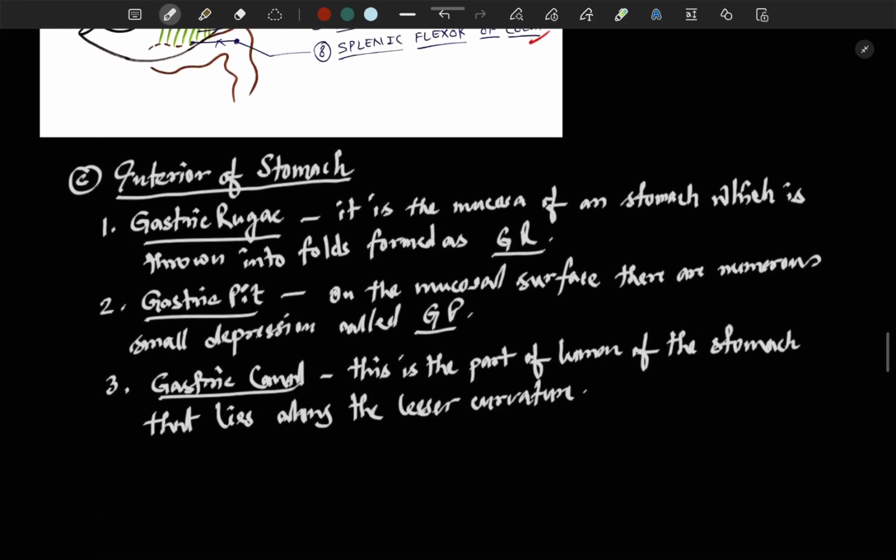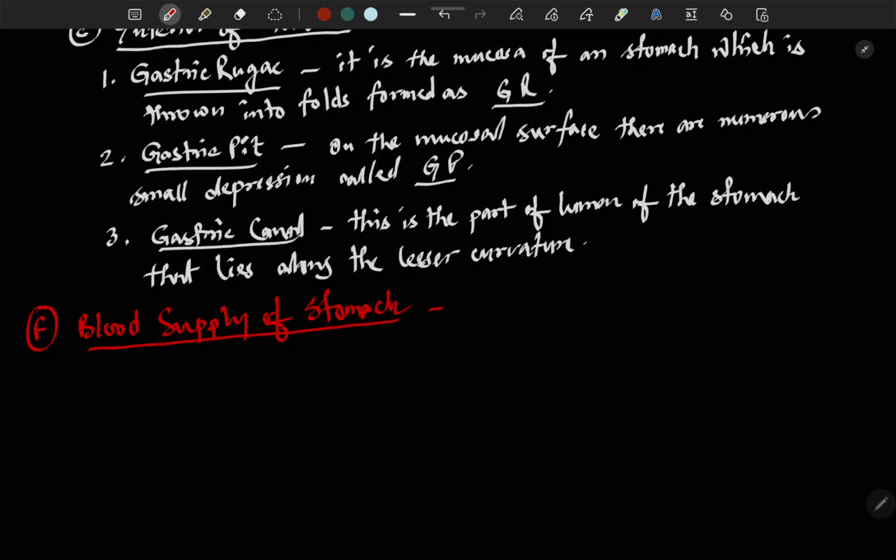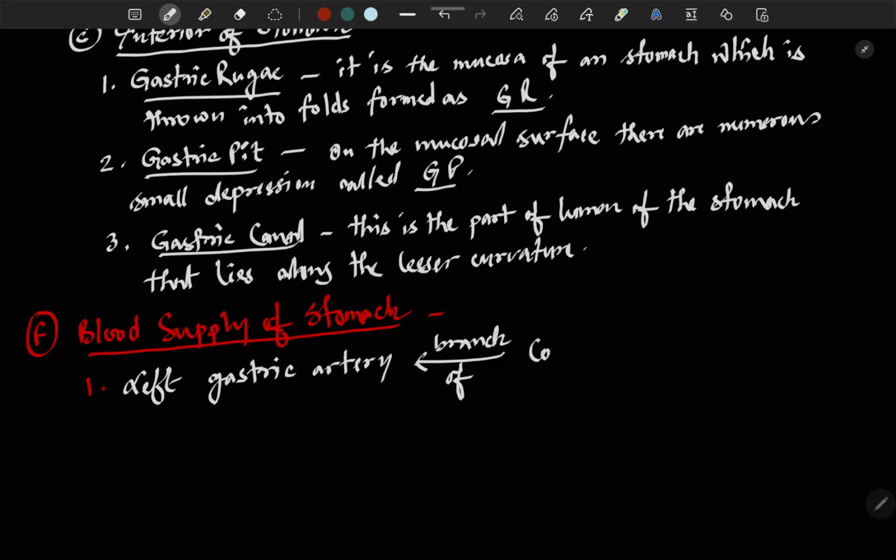Coming to the blood supply of stomach. Number 1, left gastric artery, which is a branch of celiac trunk.